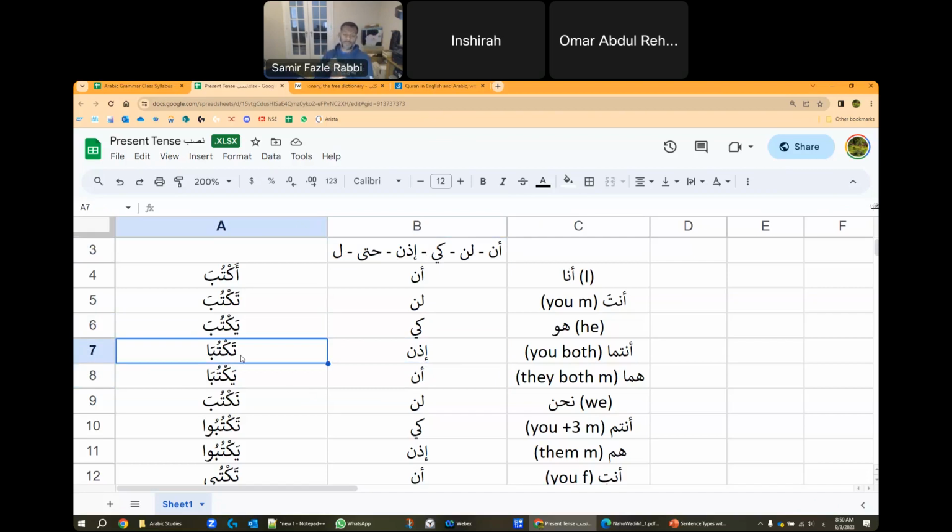So in that particular example, it can be taktuba because of a possible nine different ahruf preceding it: an, lan, idan, ke, hatta, the harf lam, or lam, la, or in. Any one of those could result in this taktuba, dropping the noon.